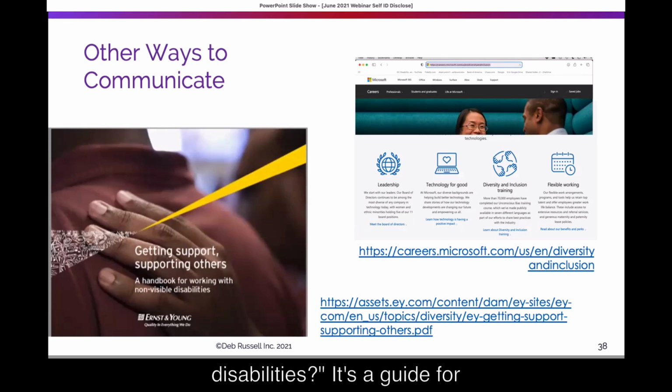It's a guide for the employees to become more disability friendly as colleagues. And I think it does a great job for managers too, not just for the colleagues, of how to create the consistent component of your culture that says, we want to know if you have a disability. We want you, if you have a disability, to be comfortable disclosing that to us. We want to create a good workplace for you.